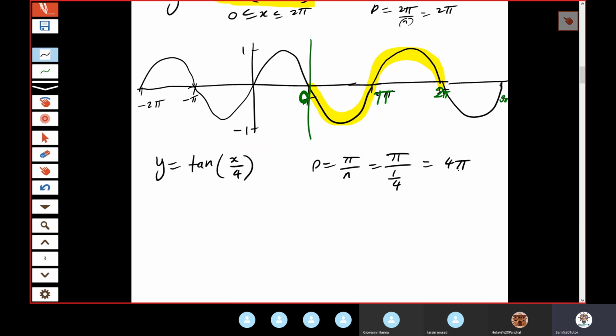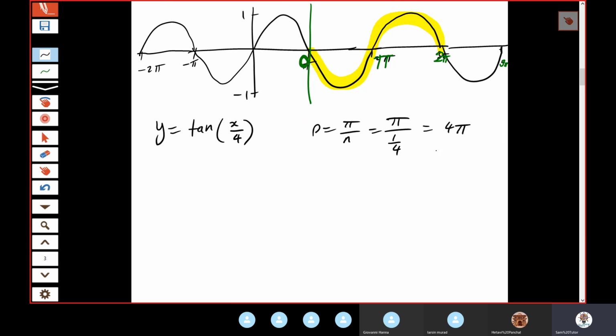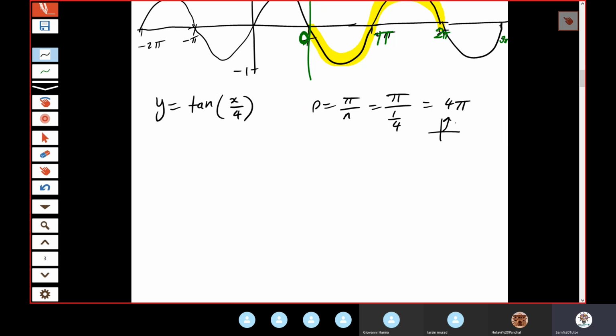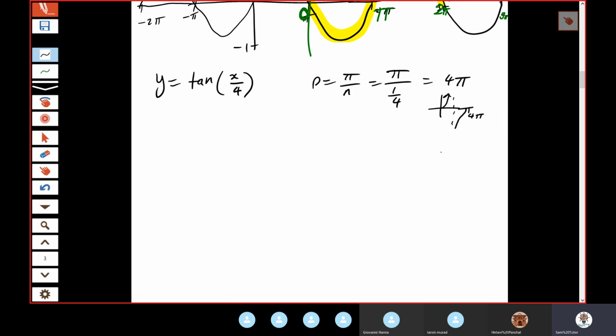So that means tan occurs once every 4 pi. Remember, tan looks like this. For example, tan usually looks like this, but now you're going to see one of these every 4 pi.